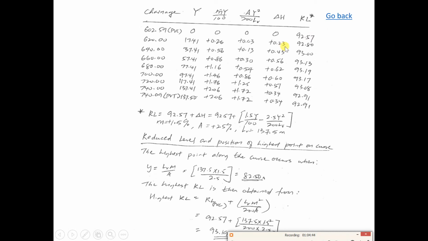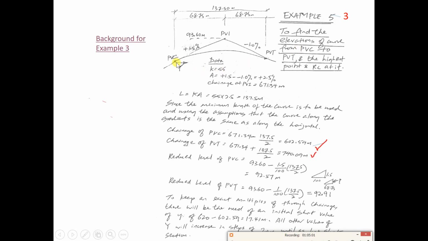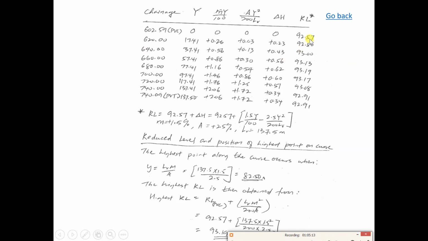Starting with this one, we just add 0.23 and get this one. Not cumulative, not like the last time we did the earthwork in the highway one. Everything we add from the first one, because we have to add from PVC, the reduced level, to all the delta h. So it's not cumulative.